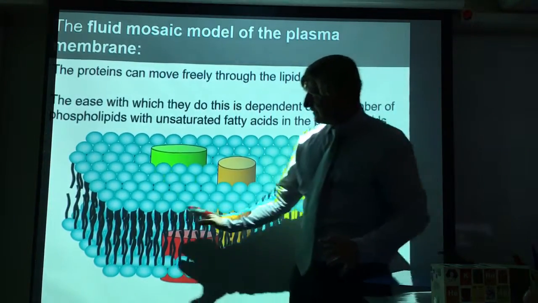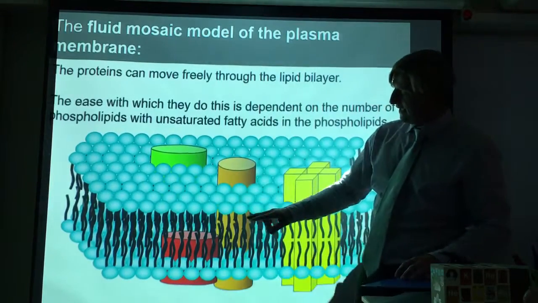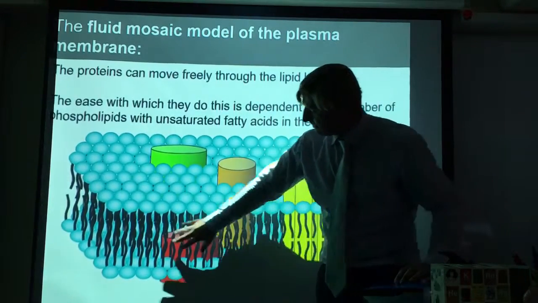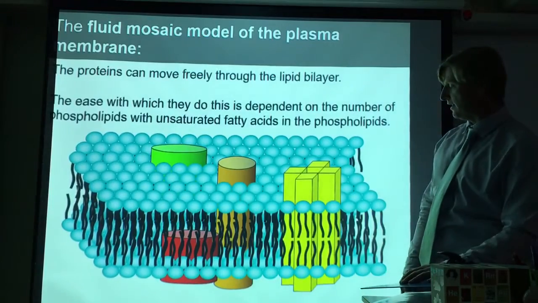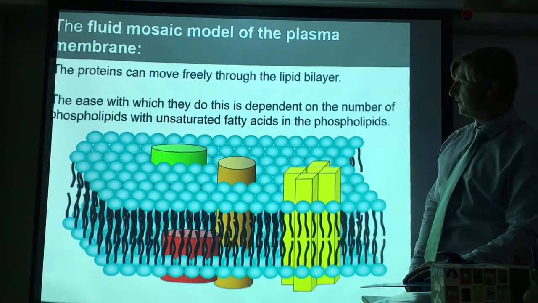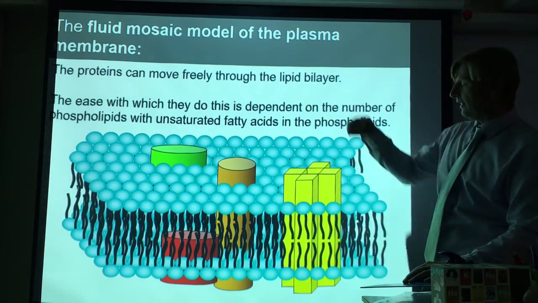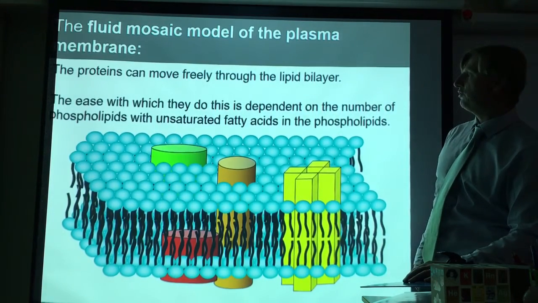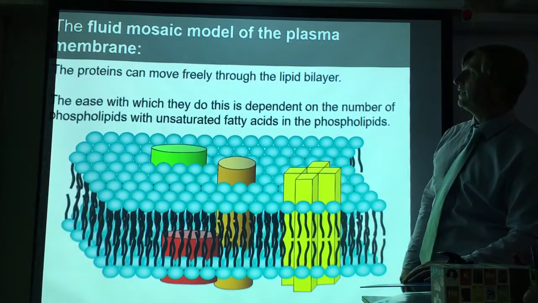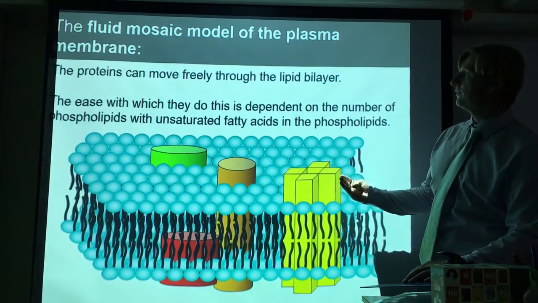and there you can see it, and it's less diagrammatic here. You can see that the tails are a little less organised as opposed to two straight lines. And punctuating, which means every so often sticking through this lipid bilayer, are proteins.